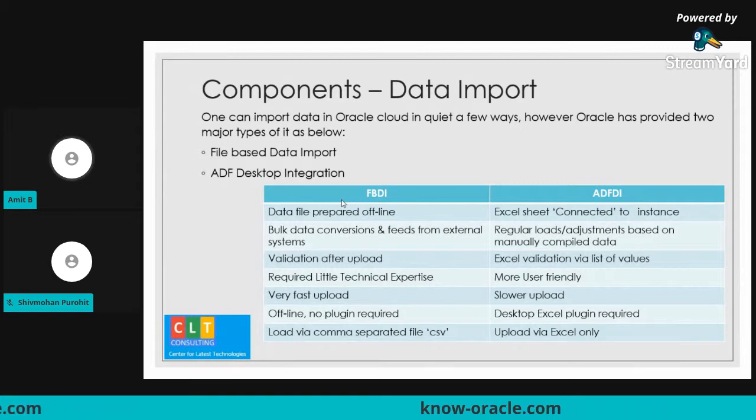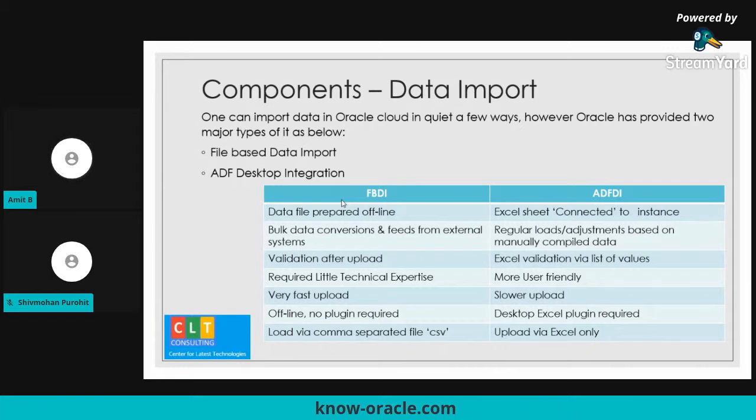Then we have validation, which comes into the picture after upload in the case of FBDI. However, when we talk about ADFDI, it comes right when we fill the data and click on submit. The validation is performed then and there because it is connected to the instance live.